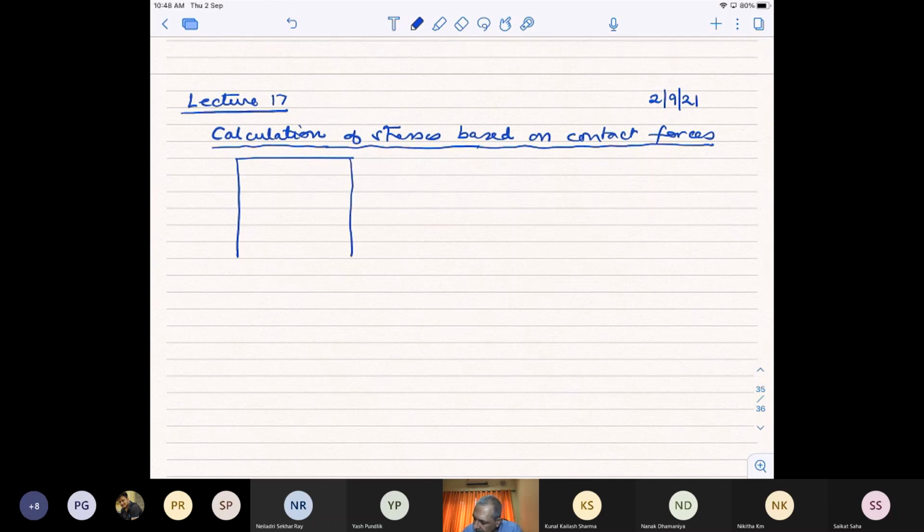It's a simple idea. What we do know from all the simulations is that we know the forces between the particles. Now suppose we want to calculate the stress. Whenever we talk about stress, we have to say something about which surface.